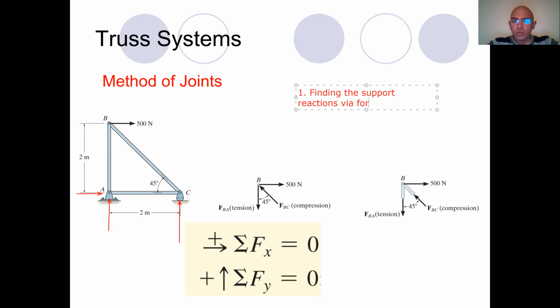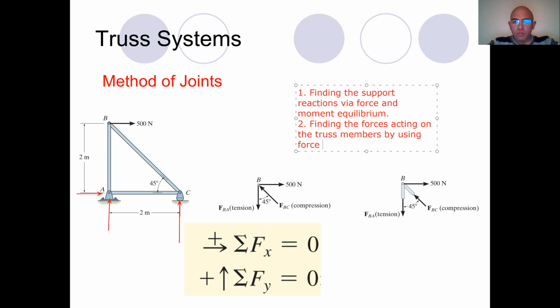Via force and moment equilibrium. Then the second step is finding the forces acting on the truss members by using force equilibrium at each joint.